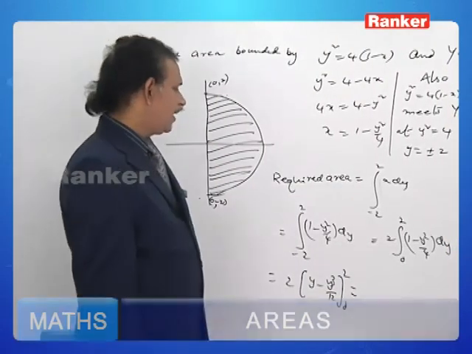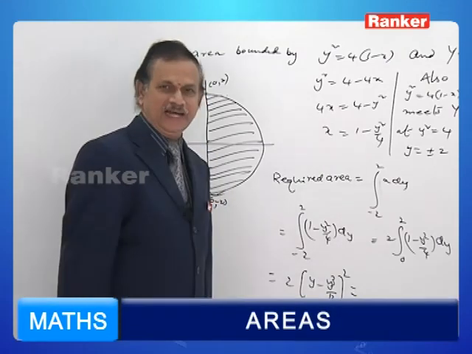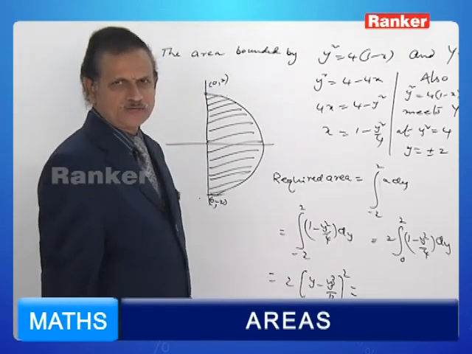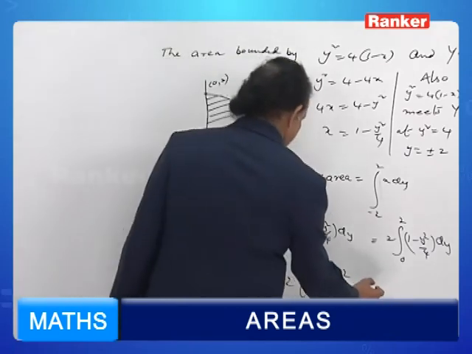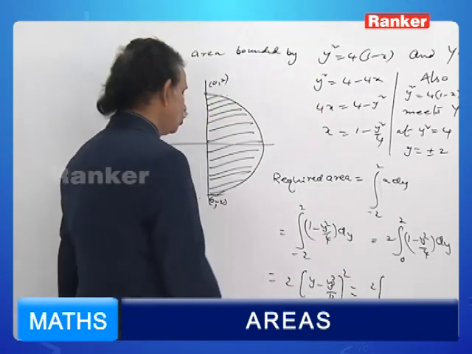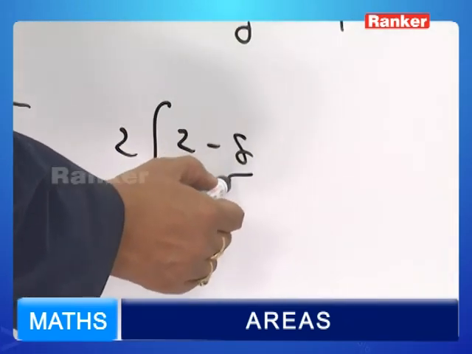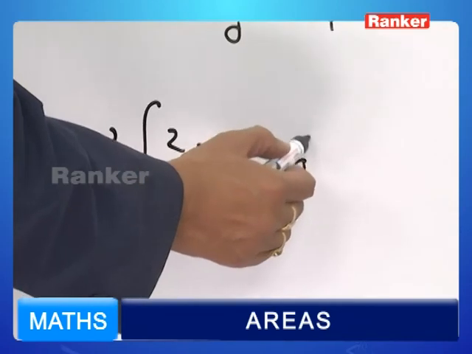Isn't it? For 1 it is y, for y square it is y cube by 3, already by 4 is there, hence it is y cube by 12. So, this is equal to 2 into, you first of all put 2 for y, 2 minus 2 cube by 12, 2 minus 8 by 12 minus 0.